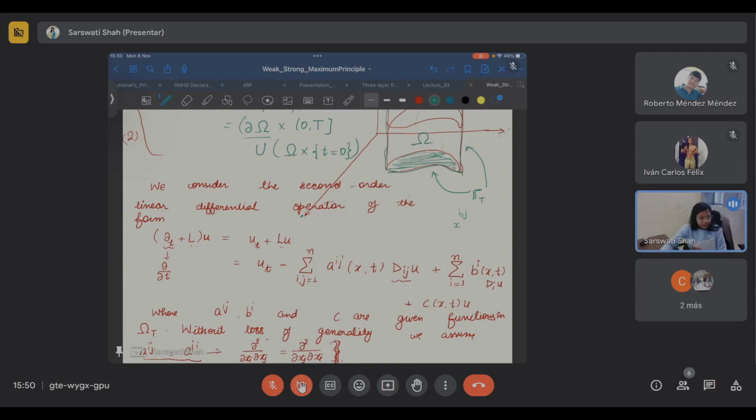When i equals j equals x, like there is only one spatial variable, then you can simply get to know a, b and c. But since there are n independent variables, there will be a specific condition under which you can check whether the given operator is parabolic or not. And what is that condition? So let's have a look.